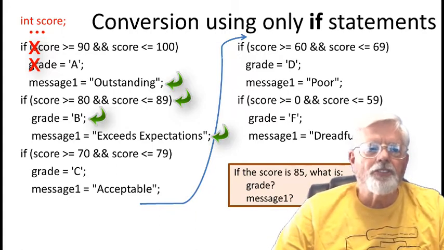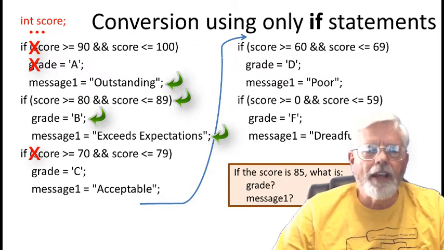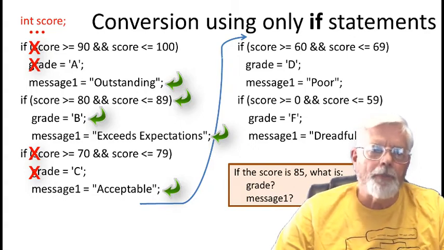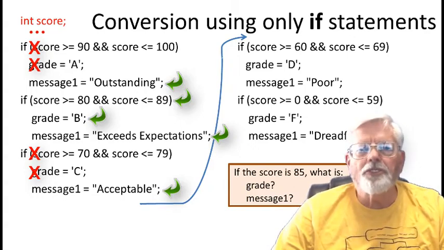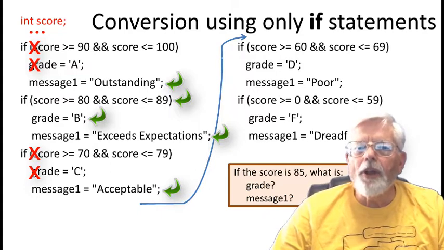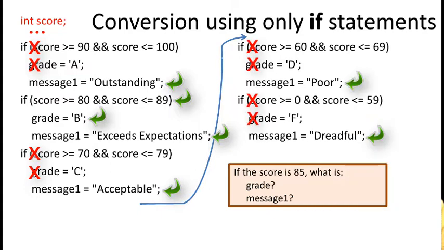How about right here? Here's the next if statement. If score is greater than or equal to 70 and score is less than or equal to 79, which is not true, so I don't set grade to a C. But since message 1 is not part of a block of code hooked up to the if statement, I'll set message 1 to acceptable. And I'll keep on going all the way down. And here it says if score is greater than or equal to 0 and score is less than or equal to 59, well, that's false.